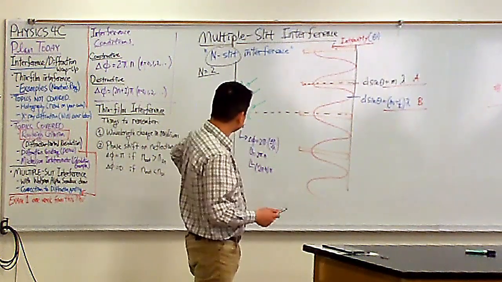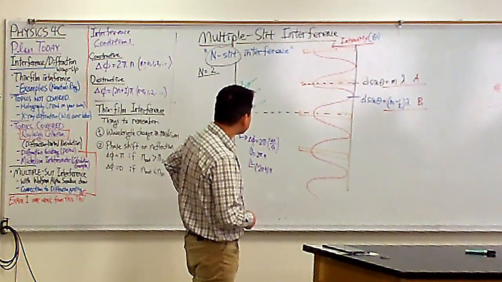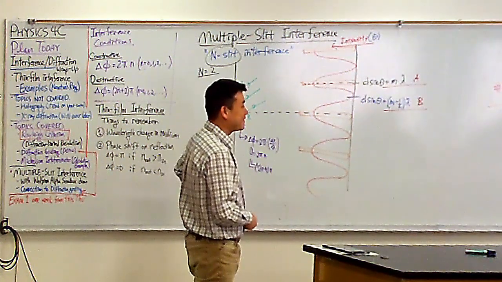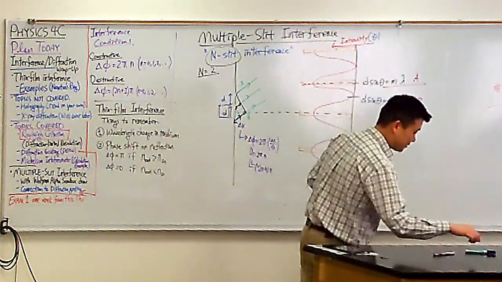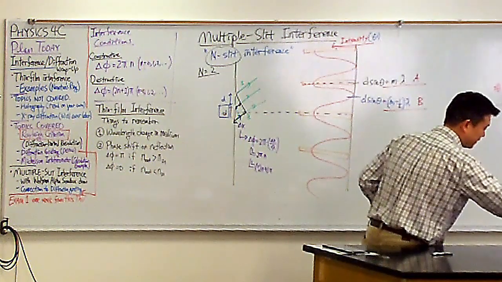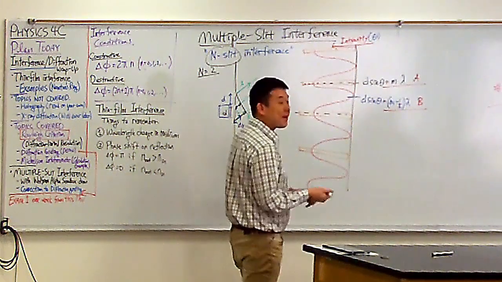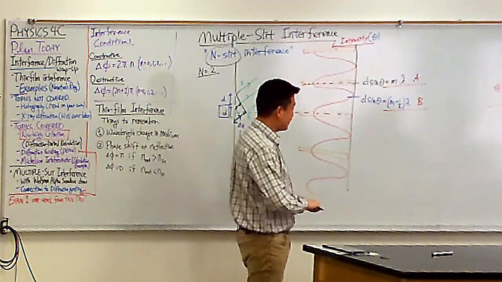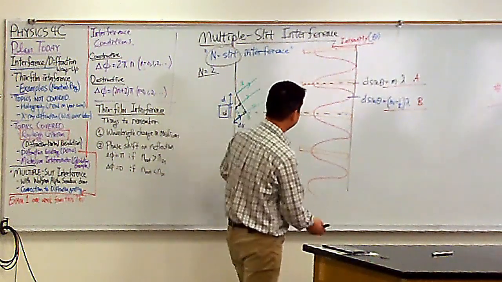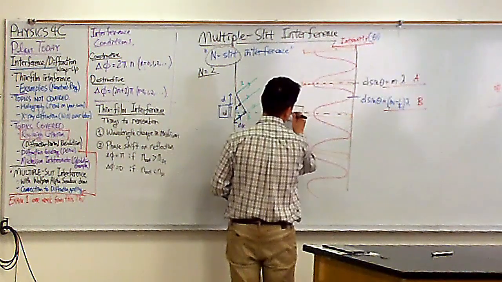So let's see, how do I... I think that's difficult to explain without a phasor diagram. I've been trying to avoid using phasors, and I don't know if I want to. So if we are using phasors, this location is represented by this phasor.